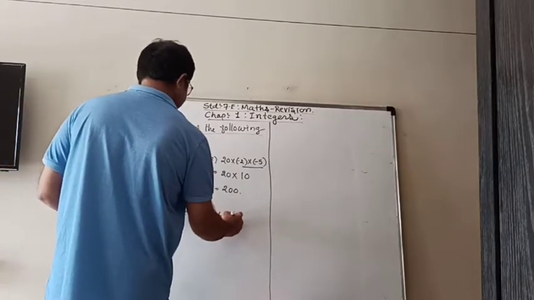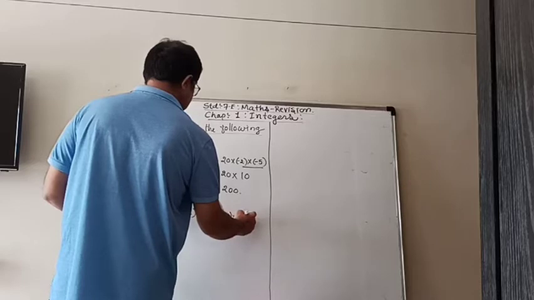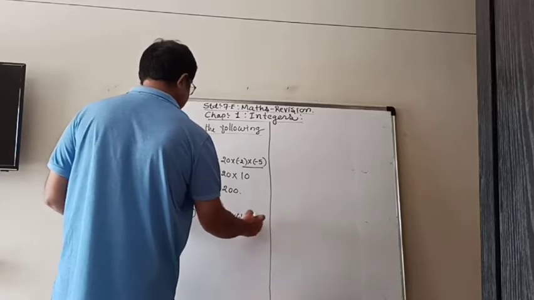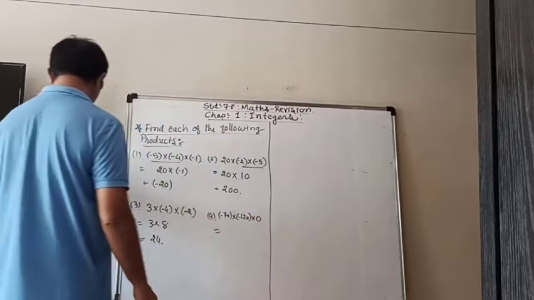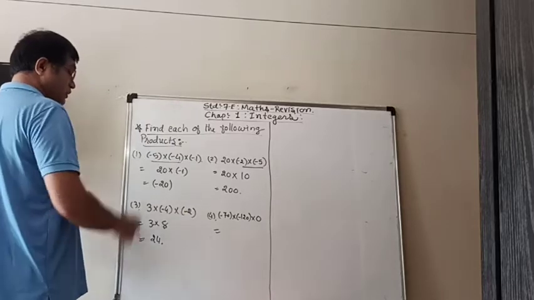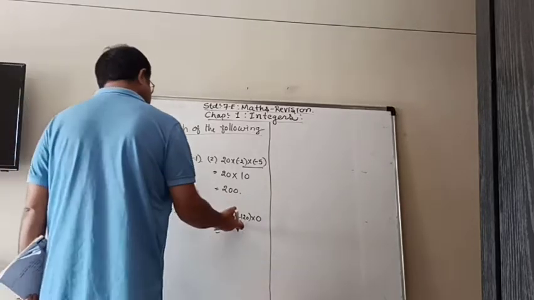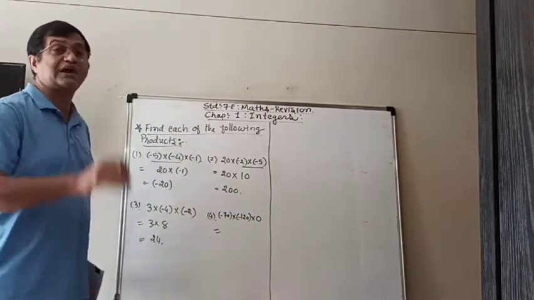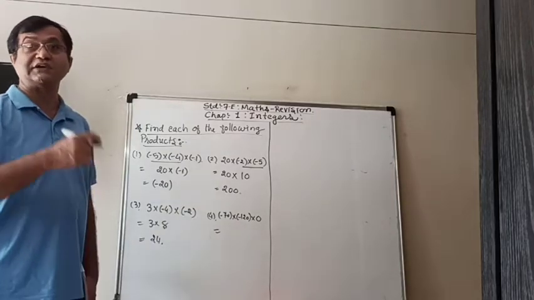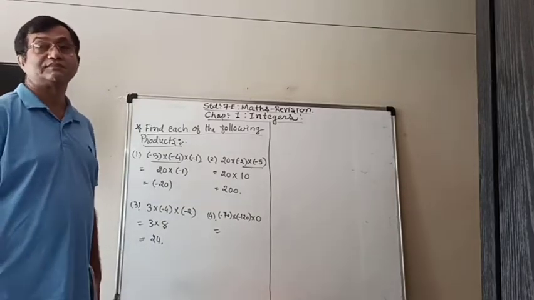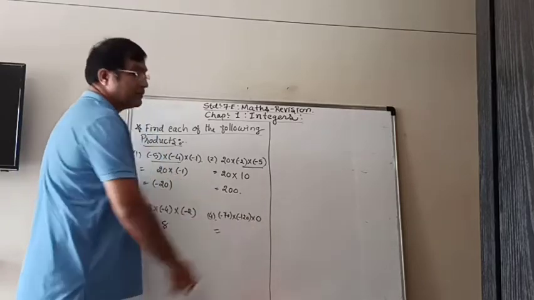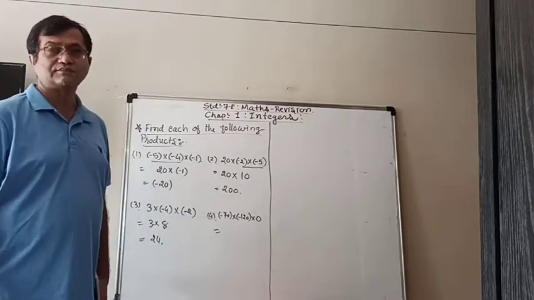Minus 70 multiplied by minus 120 multiplied by 0. So in this situation, students just waste their time. They will multiply 70 by 120. But then they will see that multiply by 0. Then why to worry?